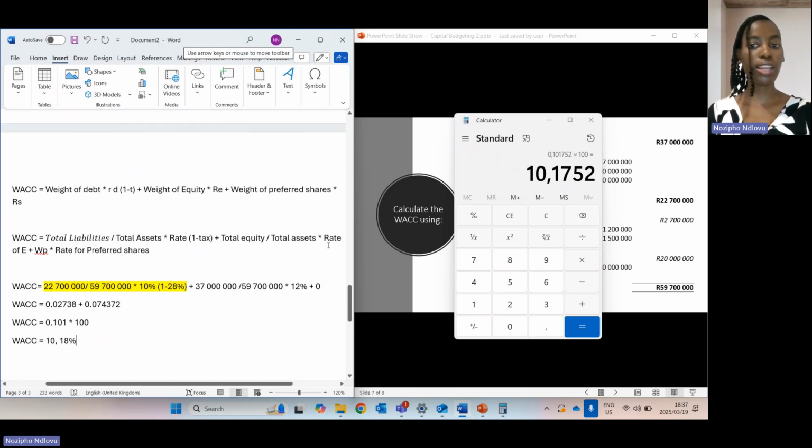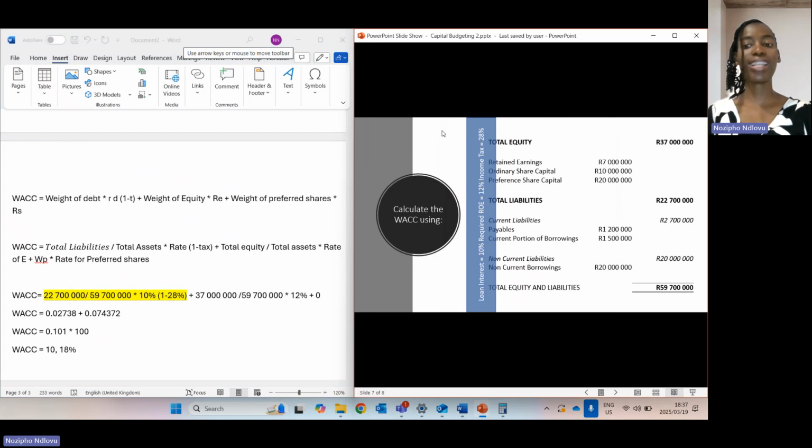Let me go through this again. We were given this information and they asked us to calculate the WACC. We have a total equity, total liability. We didn't get preferred shares at this particular point. If we did have, we were going to include them. So WACC is equal to the weight of the debt multiplied by the rate of the debt, multiplied by 1 minus T, plus the weight of the equity multiplied by the rate of equity that you need to return, plus the weight of the preferred shares multiplied by the rate of that.